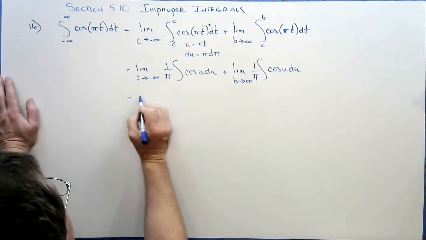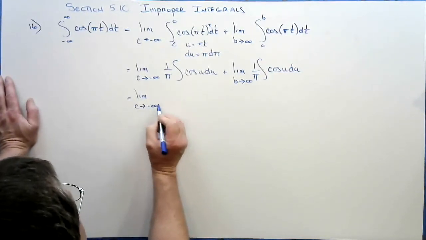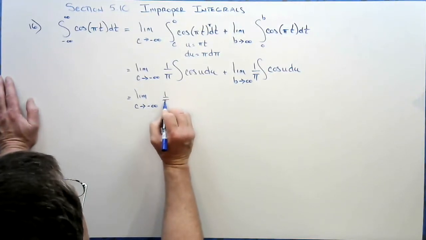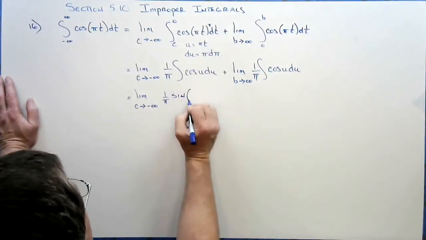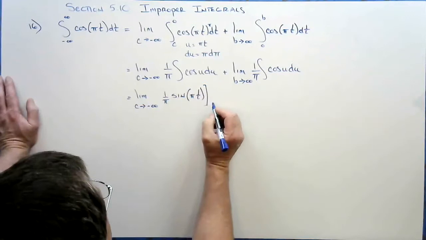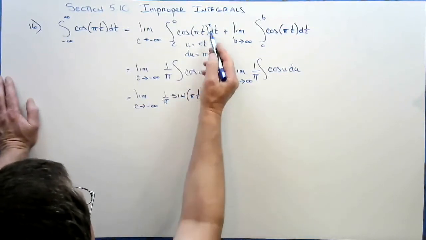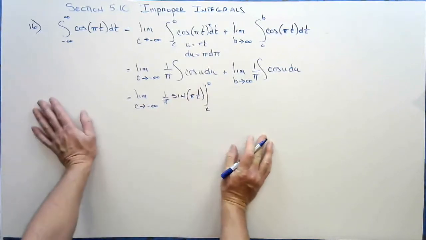So this becomes the limit as c approaches negative infinity of 1 over pi sine of u, which is pi t. We're going to evaluate that now because we're back into t, our variable of integration, between c and 0.